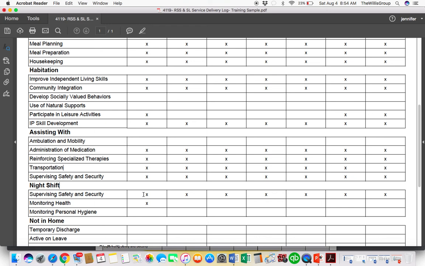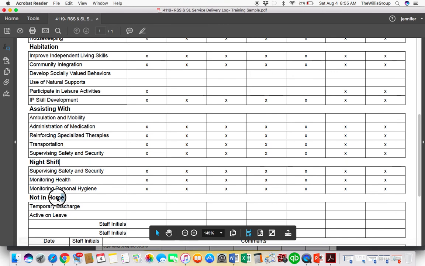This is, again, where the state has implemented that staff should not be sleeping during their shift at night, because you are supposed to know what they're doing. You should be monitoring the safety and security. You should be monitoring their health as well. And at night, if you are monitoring their personal hygiene as well, we're checking those things off.